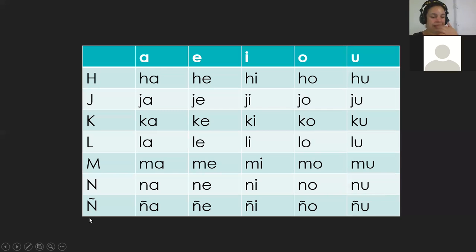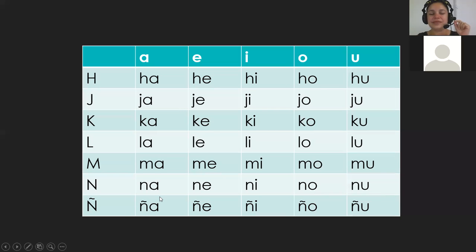Here we have the ñ. For some people, it is difficult and they don't know how to pronounce the ñ. But you can imagine the N-Y-A to pronounce ña.